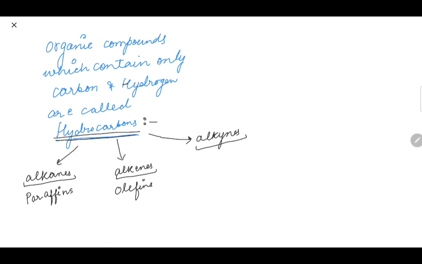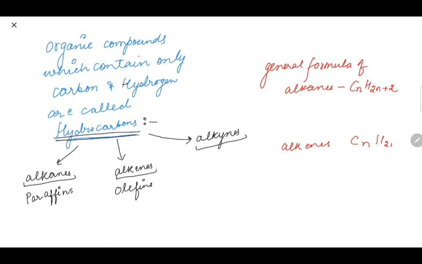They're just called alkynes. And every hydrocarbon has a general formula. So, what is the general formula? The general formula of alkanes is CnH2n+2. The general formula of alkenes would be CnH2n. I'm explaining every part in detail, so don't worry about it. It is just a basic overview so that you know how many types of hydrocarbons you have. And we also have alkynes.